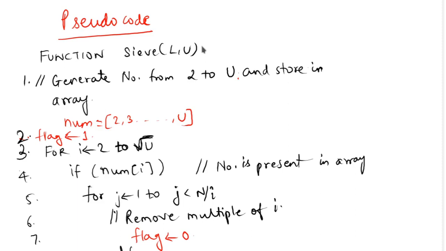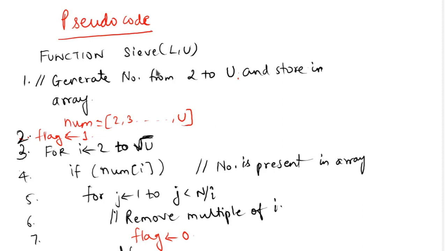Because 1 is not considered a prime number, and the step considered optimized in the brute force approach was to consider numbers from 2 to U. Those numbers have to be stored in an array, and then a flag variable is initialized, which is used to check whether the number is prime or not.